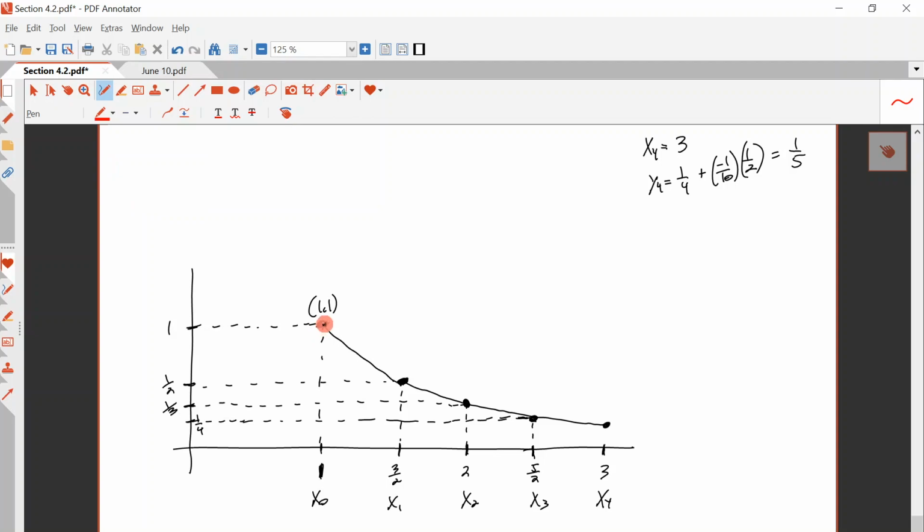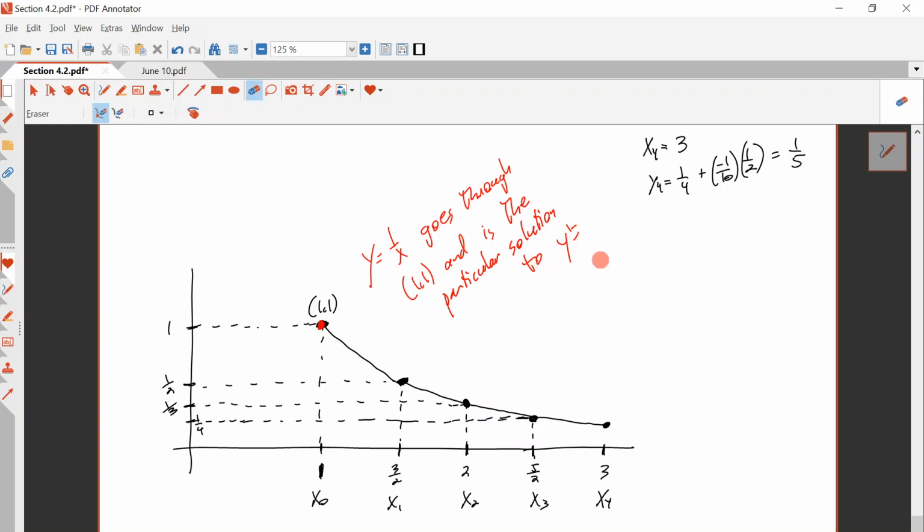All right, so here's 1, 1. Y equals 1 over x goes through 1, 1, and is a solution to y prime equals minus y over x.